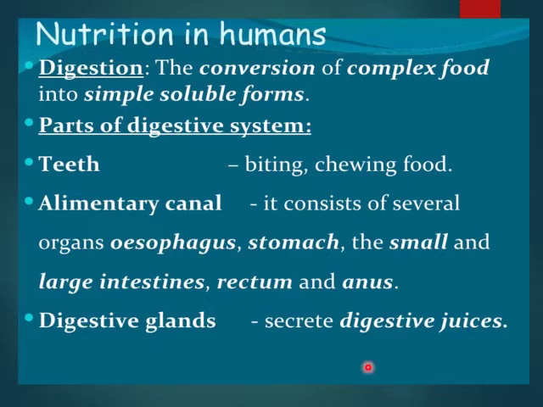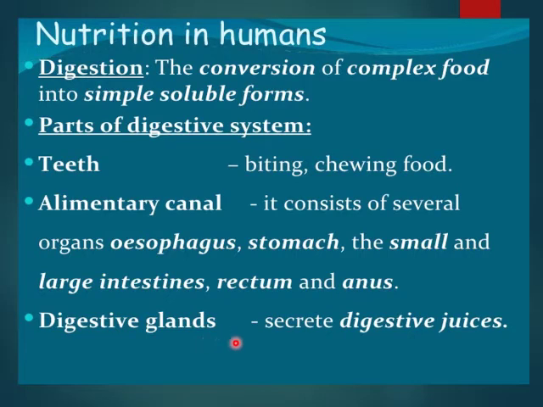Now let us start with nutrition in humans. In nutrition in humans, there are different steps and different organs and parts of our body are involved which help in digestion. First of all, in the mouth there are teeth. Then the alimentary canal which starts after the mouth: esophagus, stomach, small intestine, large intestine, rectum and anus.